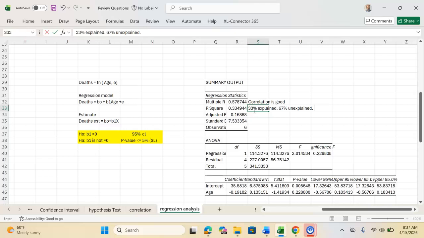And this is not good because X can explain just a little of Y, meaning that there are some other factors that could explain more about death, and it's not about the age. So age does not significantly explain deaths. So look at the adjusted R squared.